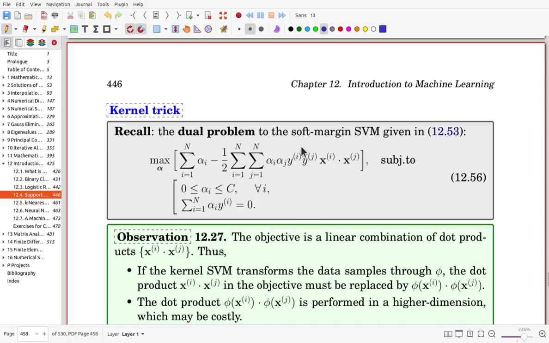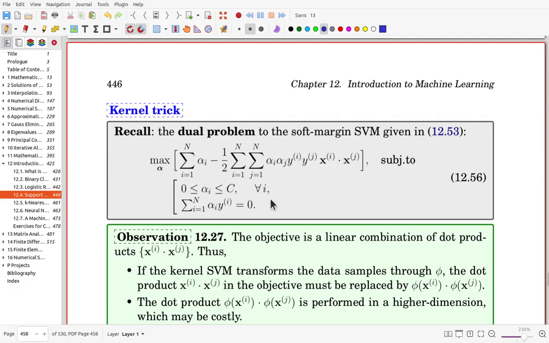For the linear support vector machine, in fact, for the soft margin support vector machine, the dual problem is formulated in this way. The min part is solved by using KKT conditions, and we can form this objective as a function of Lagrange multipliers.